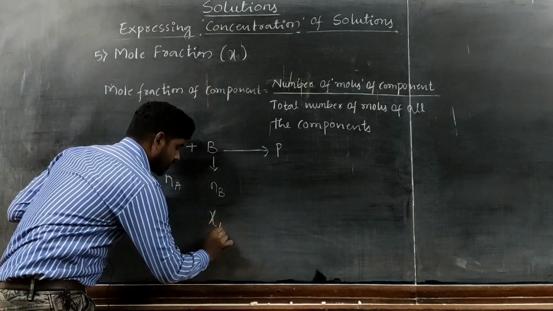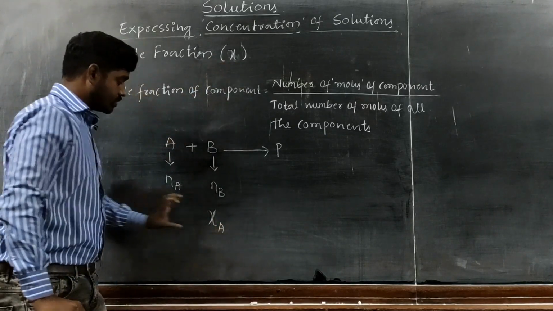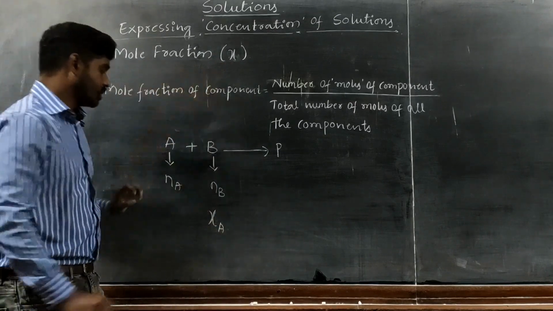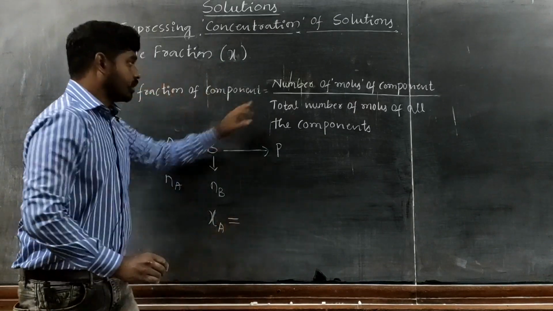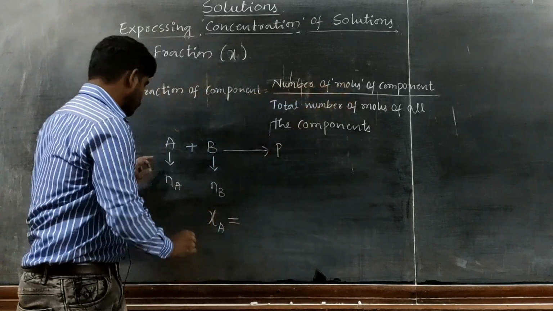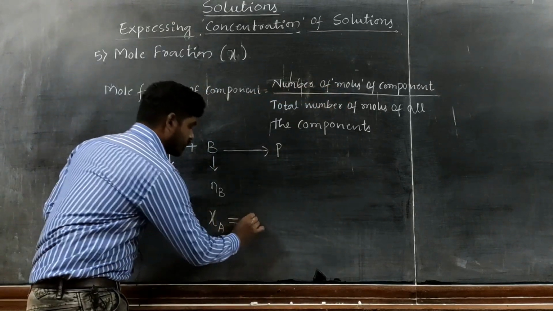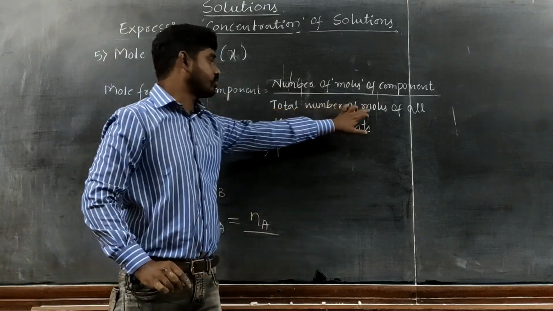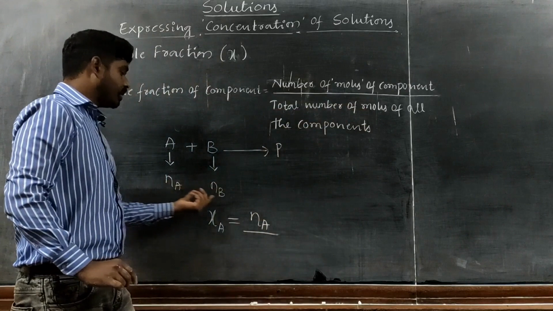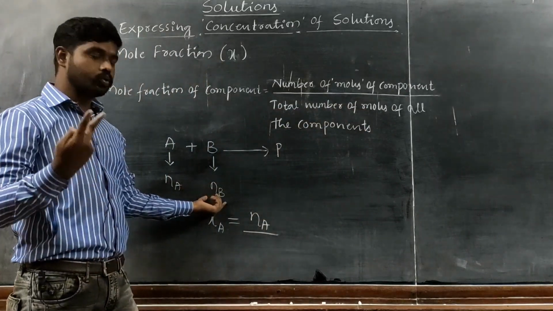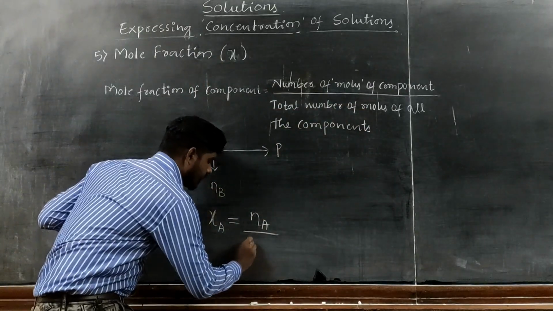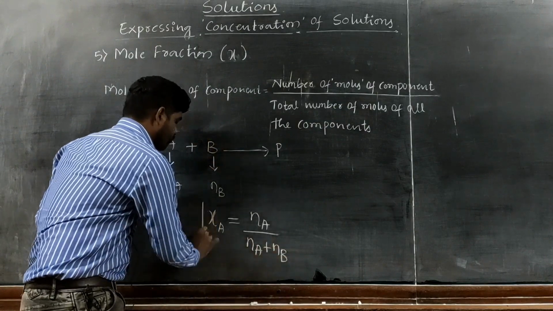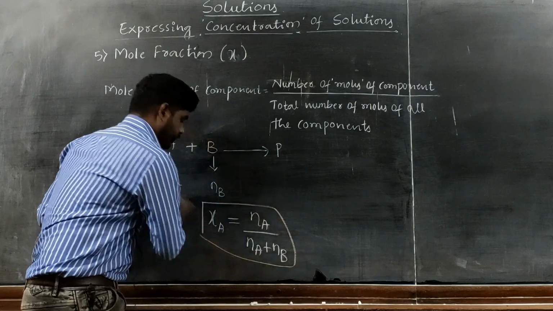To the right hand side I will write the component A. So that means that I am going to determine the mole fraction of the component A. So number of moles of the component, that is for A component it is Na, and the total number of moles of all the components, that is A component and B component. Since it is constituting only two components, I will write it as Na plus Nb. So this will give you the mole fraction of the component A.